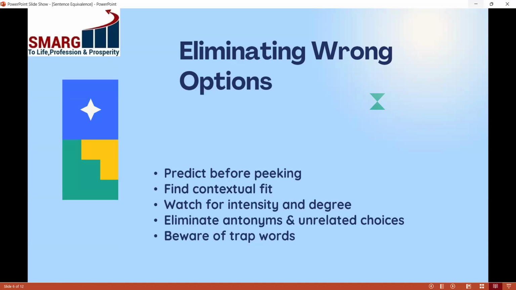Next thing that you have to do, well, these are different methods. Choose whatever applies for you depending on the question and the vocabulary set that you get. Not all of this is going to apply on all the questions. That is not possible. So first is find contextual fit. So when we are talking about this, essentially, you have to predict very quickly what is the idea. Right now also we just discussed it in the previous question. I quickly asked you, I did what?